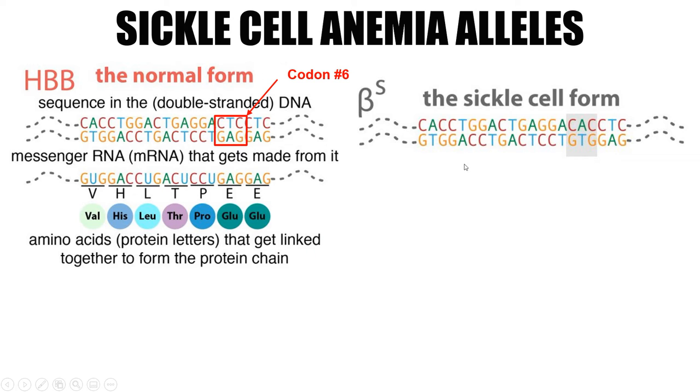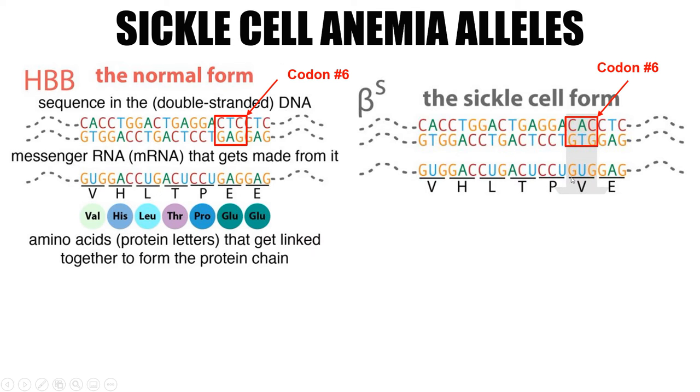We can have mutations anywhere, but we're going to focus on the disease allele that has a mutation in codon number 6. So instead of being GAG, now it's GTG. And so any change in the DNA will cause a change in the mRNA. So instead of GAG in the mRNA, we're going to have GUG. And instead of a glutamate, now we're going to have a valine.